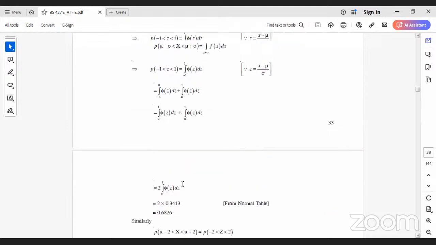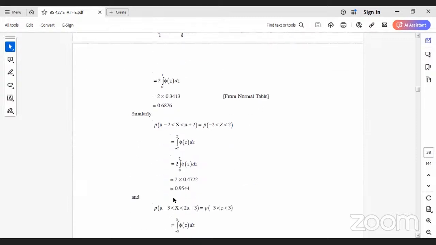So 1 plus 1, that is 2, integration of 0 to 1 phi of z dz. From the normal table, taking phi of z dz from 0 to 1 gives 0.3413. 2 into 0.3413 is 0.6826.